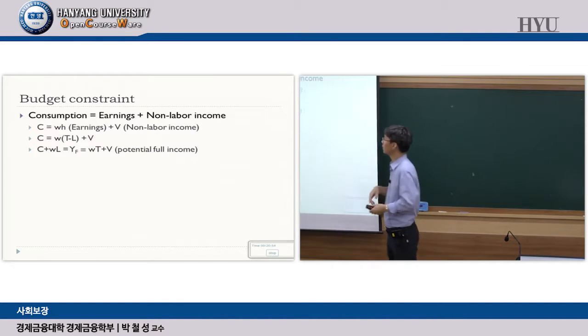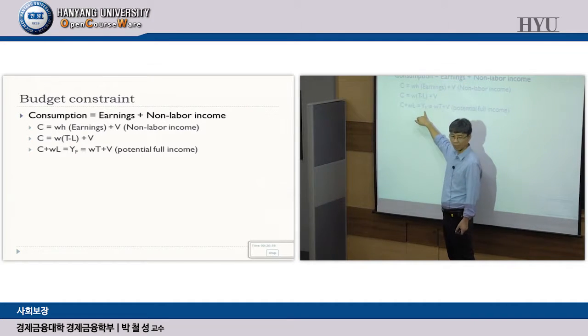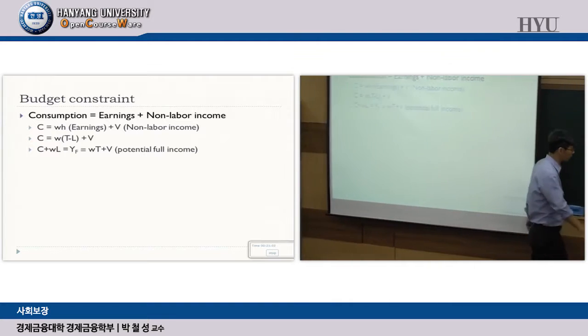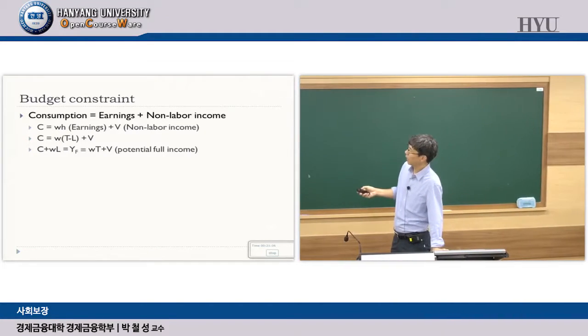And we call WT plus V YF, full income, potential full income, which means if this person works all the time, no leisure whatsoever, then WT plus V is the maximum income this person can get.